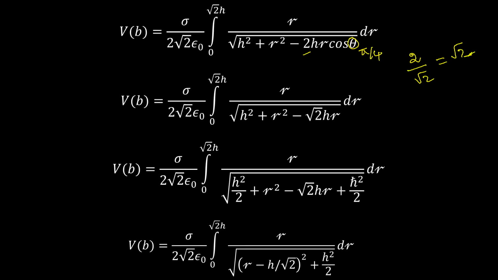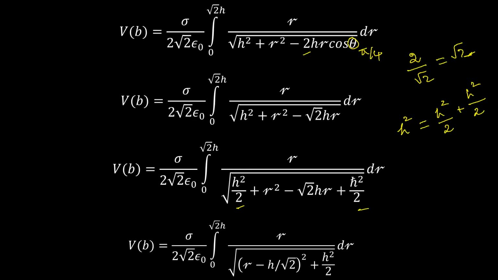I have changed the third term to square root 2 h script r. Now this h squared I am going to write as h squared by 2 plus h squared by 2.